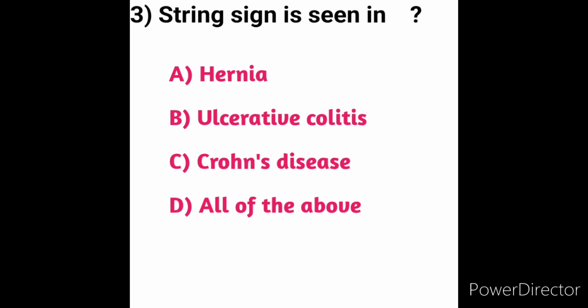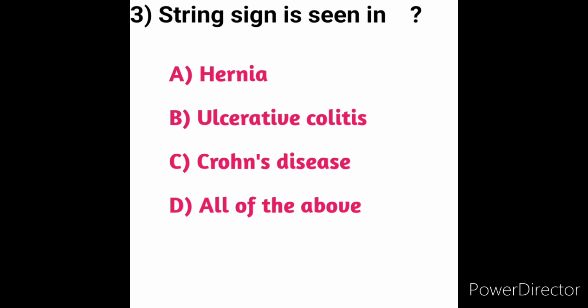String sign is term often applied to the appearance of any marked narrowing of the lumen. The gastrointestinal string sign has been identified as a manifestation of Crohn's disease, and it is observed most frequently in the terminal ileum. The ileal abnormalities associated with early Crohn's disease include a coarse villous pattern, fold thickening, and aphthous ulcers.